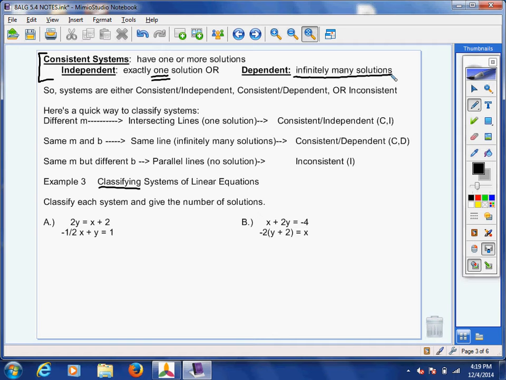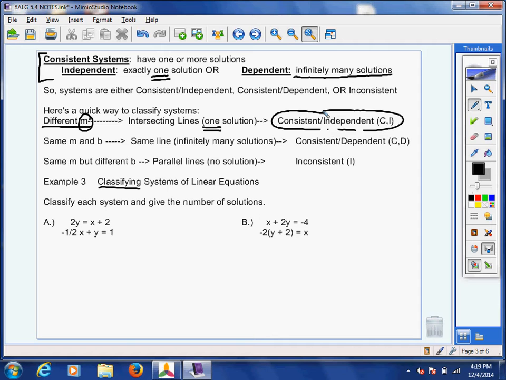So here's a quick way to classify systems. If they have totally different slopes, 2 different slopes exist, then these lines are going to intersect at one point. They are going to crisscross at exactly one point, and so we would classify that as a consistent independent, CI.